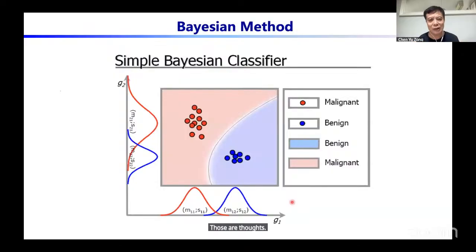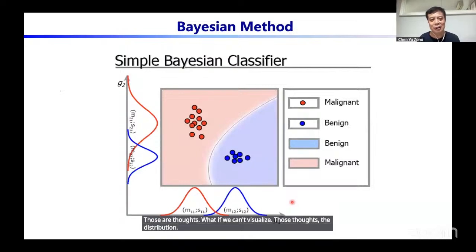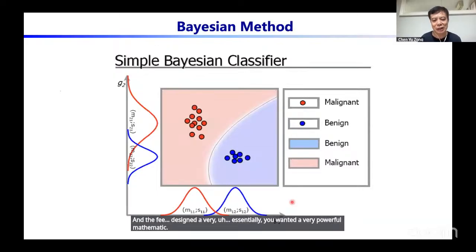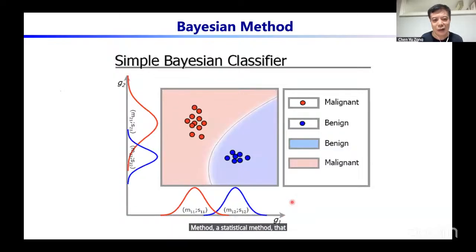What if we can't visualize those dots, the distribution of the vectors in a high dimensional space? What if that's the case? This is where a mathematician comes in, Bayes, who essentially invented a very powerful statistical method that can help us generate the density function.